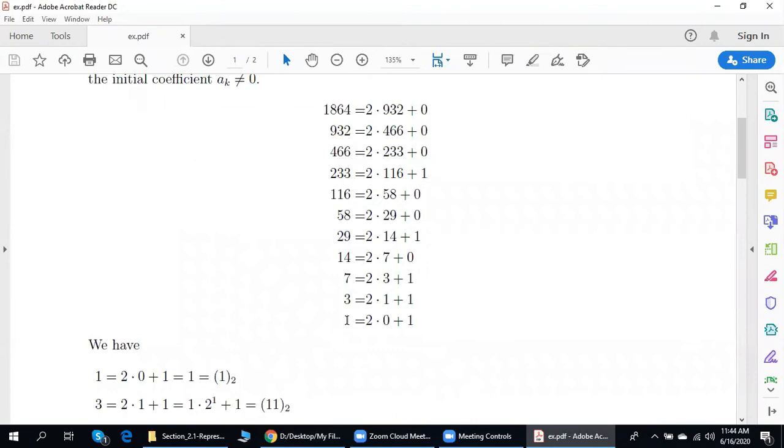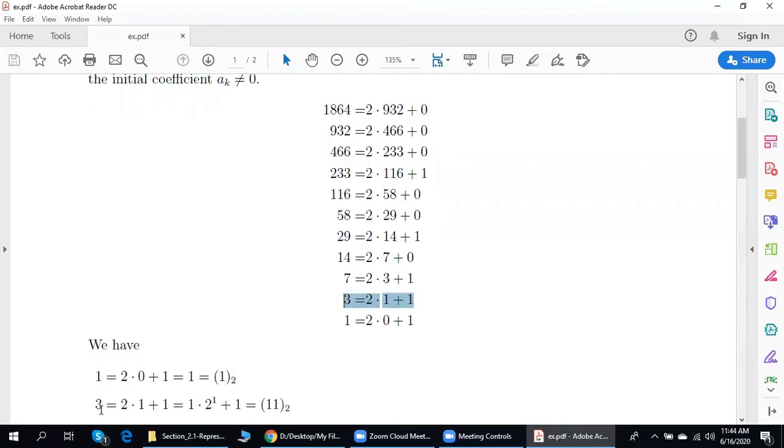We start from the bottom. According to what is written here, and I copy it here, since 2 times 0 is 0, 1 is equal to 1, which can be written as 1 base 2. 1 base 10 is equal to 1 base 2.